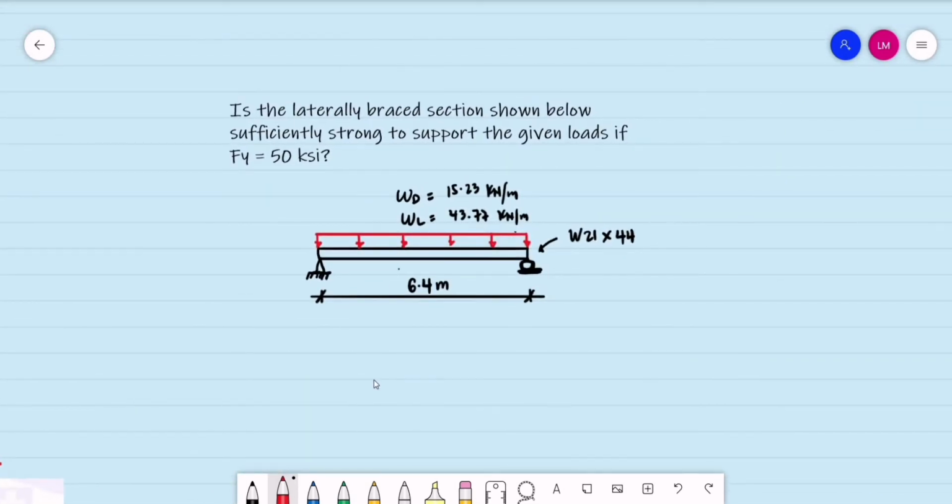Is the laterally braced section shown below sufficiently strong to support the given loads if Fy is equal to 50 KSI? If we say laterally braced sections, for problem solving purposes, we can assume that the unbraced length is equal to 0.